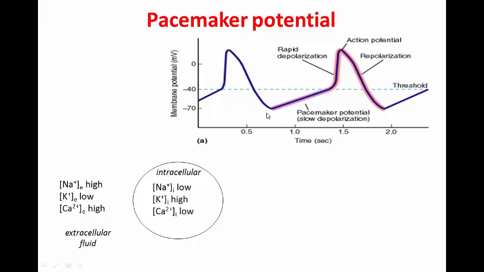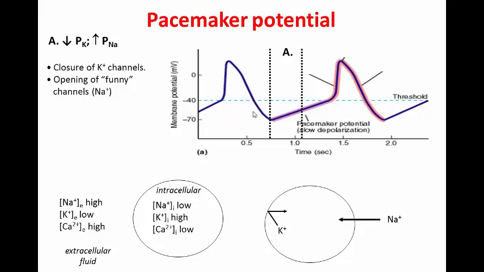So this is the spontaneous depolarization, the slow depolarization, the pacemaker potential of the pacemaker. This is depolarization. Then we have repolarization. Then we have the pacemaker potential again. I don't like calling this pacemaker potential the resting membrane potential, because again the sinoatrial nodal cells are never at rest.